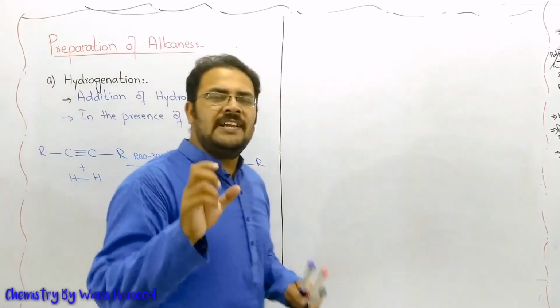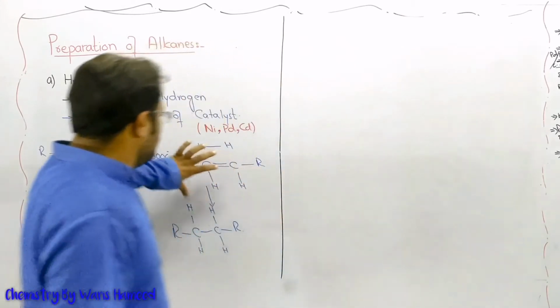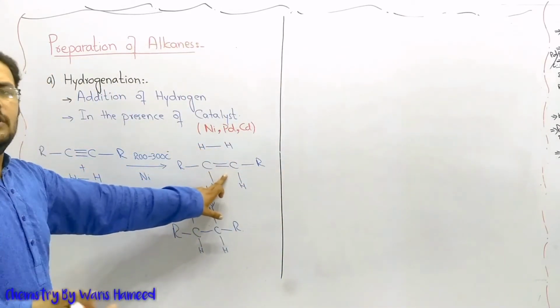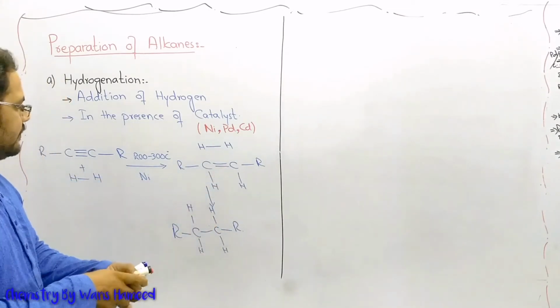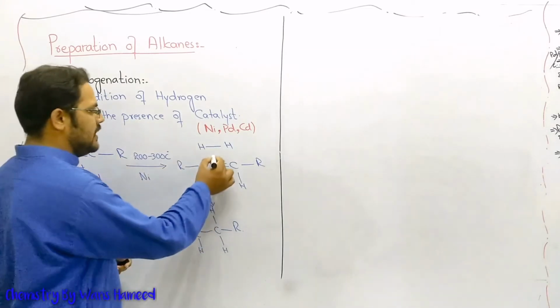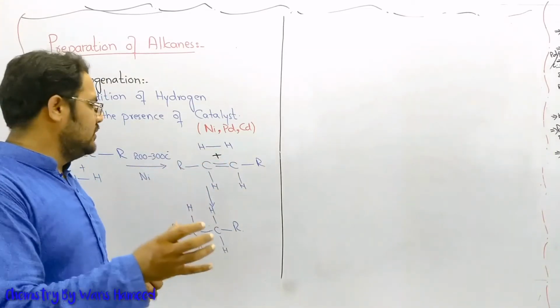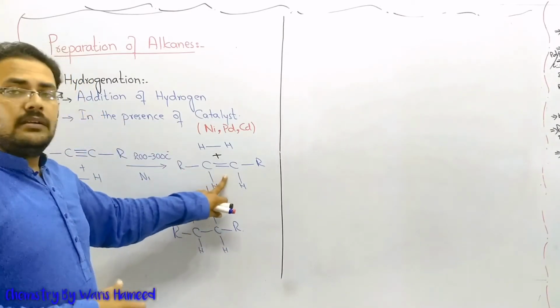It is a complete hydrogenation of alkyne, or we can say that we are doing hydrogenation of alkene, and when we perform hydrogenation on any alkene, it converts into alkane. We are adding one mole of hydrogen to the alkene.